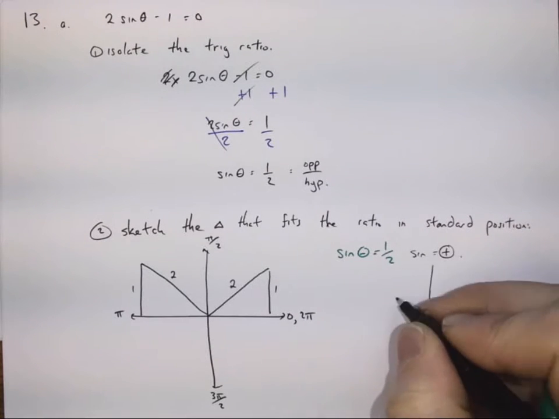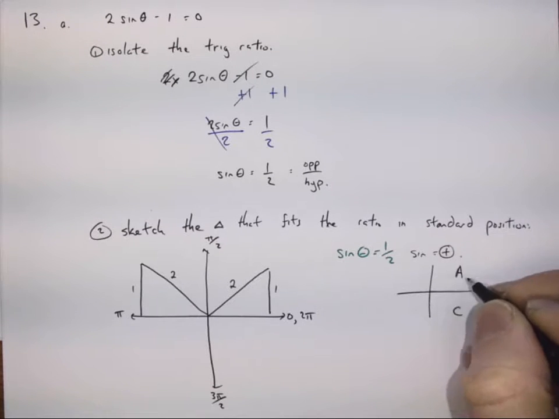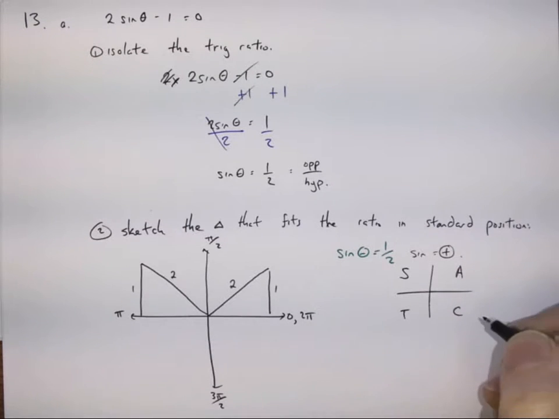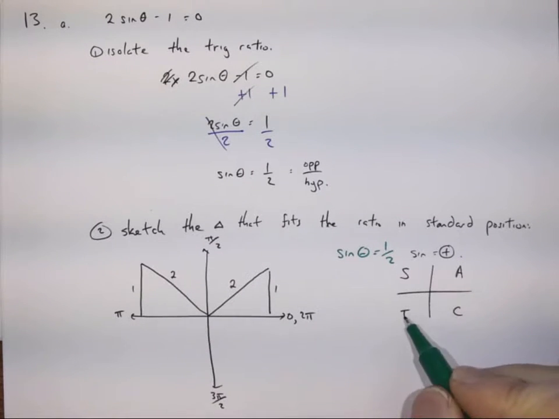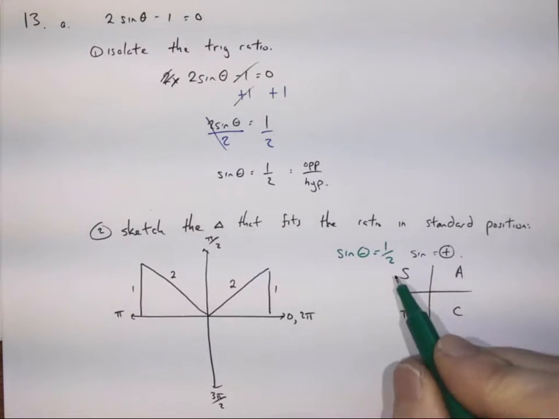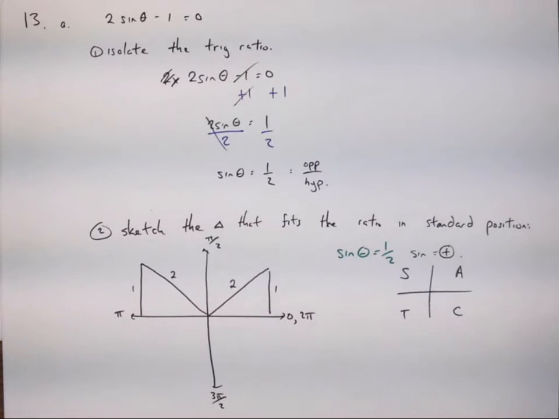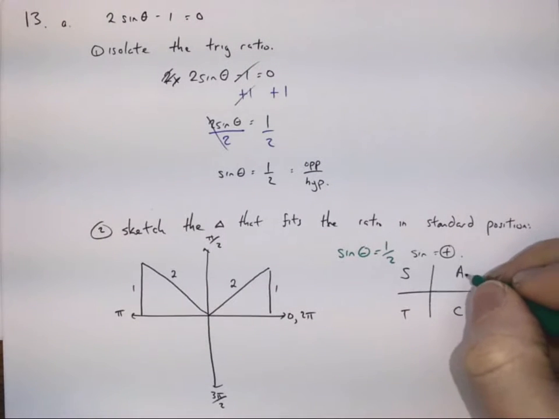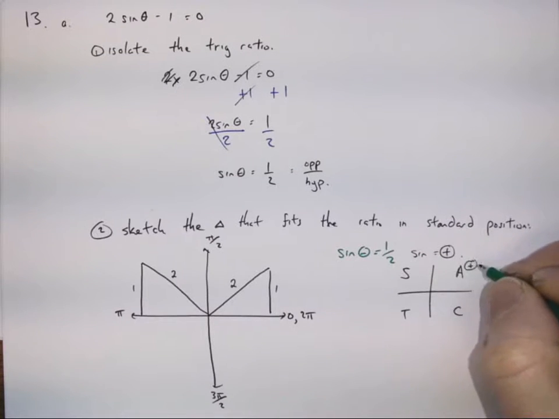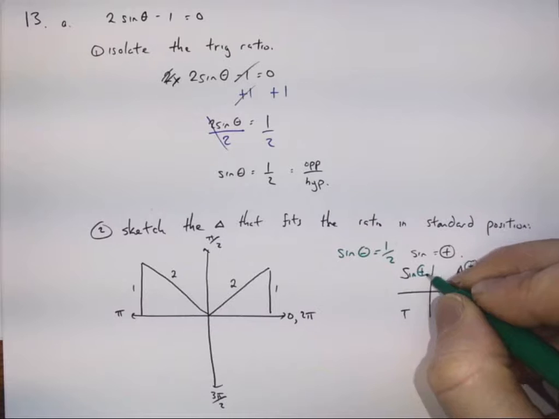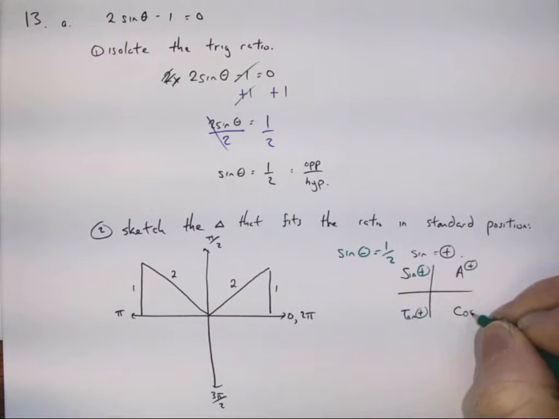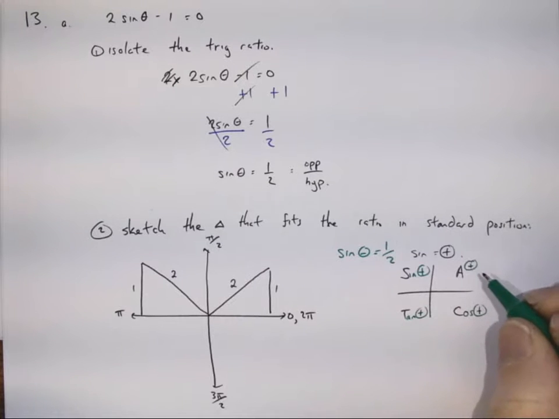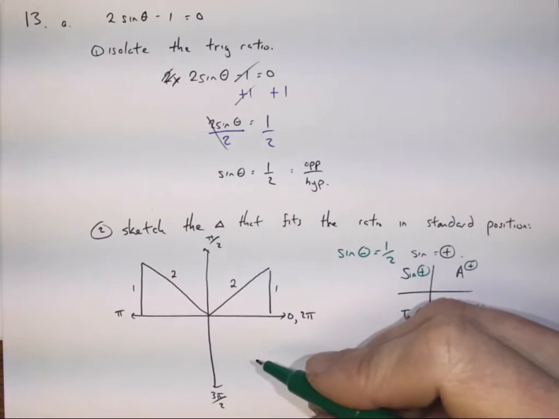And so if we think about either maybe you knew CAST as a memory device, or you learned All Students Take Calculus, or Ali and Scott are Table Companions if you're in my class, then you know that this means that in one quadrant all of our ratios are positive, in another only the sine ratio is positive, in another only the tan ratio is positive, and in another only the cosine ratio is positive. So that means we can be in quadrant 1 or 2 for this ratio.